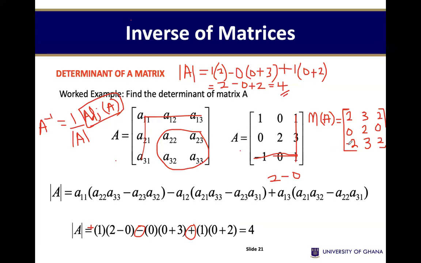Okay, so let's look at this first, because that's what I'm on now. So this positive 2, we cross like this, right? You are left with 1, 0, 0, 2. So that'll give you 1 times 2, which is 2, minus 0 times 0, which gives you this 2.